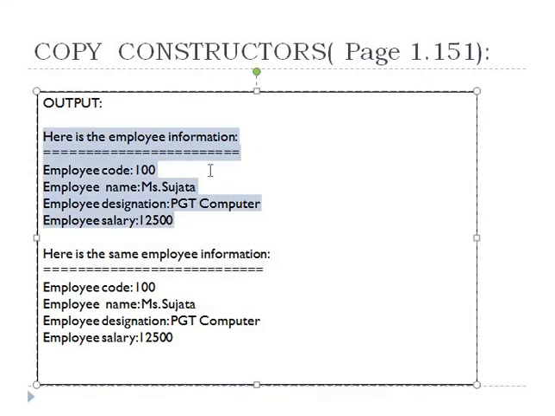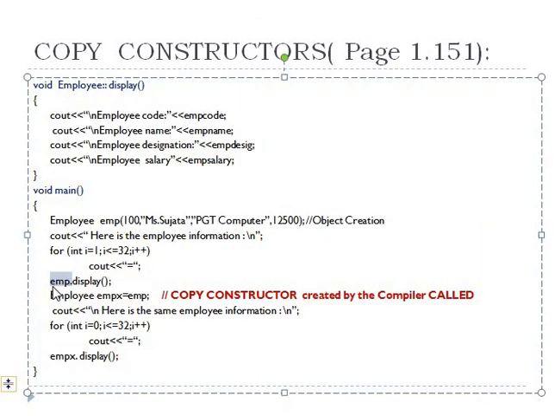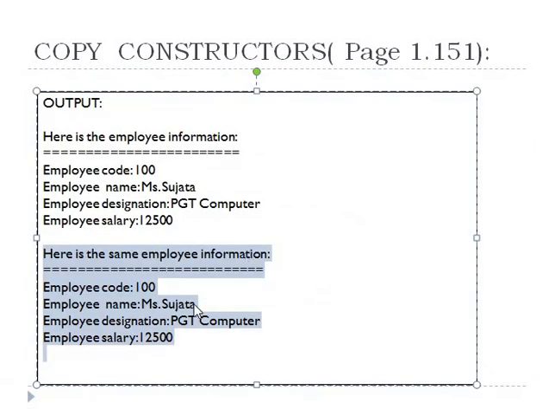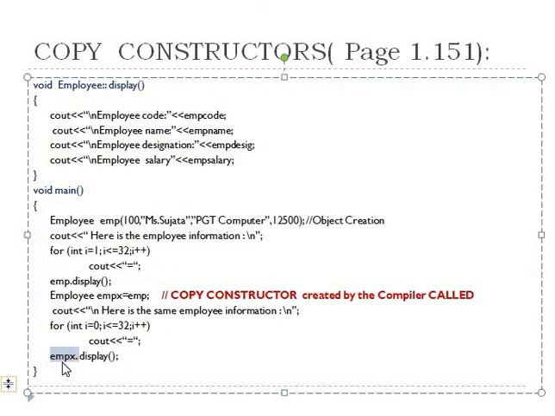This portion is coming out when the old object emp invokes the member function display, and this portion was coming out when the new object empx was invoking the member function display. So the most important thing to note here is this particular statement.